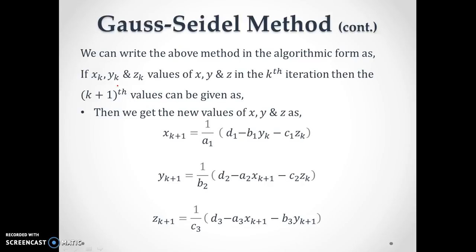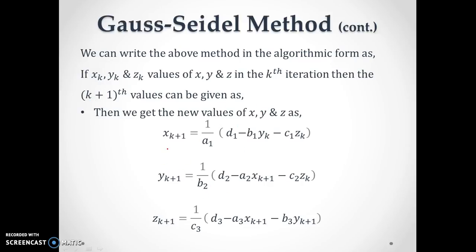Here we can write the above iterative method in an algorithmic form. We can write x, y, z as xk, yk and zk, where k takes values from 0 to n. For the kth iteration we use xk, yk and zk, and the (k+1)th values can be given using this equation.